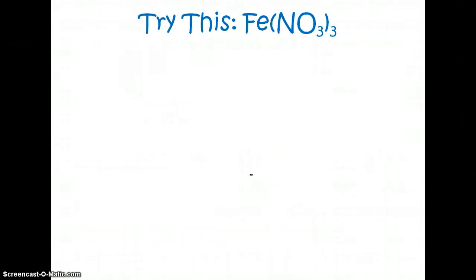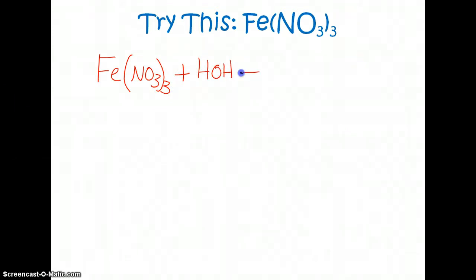Okay, FeNO3. Alright, we're going to do the same thing. So FeNO3, you're going to react with water. Alright, again, it's a swap the fronts thing. That 3 came from Fe, so that's our charge there, and then NO3 is 1 minus, so that's a little swap and drop.